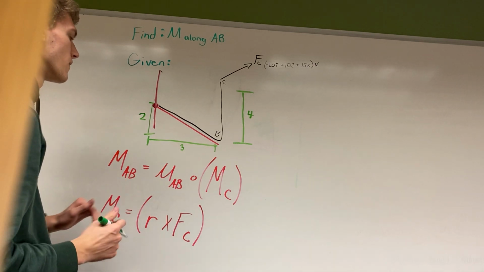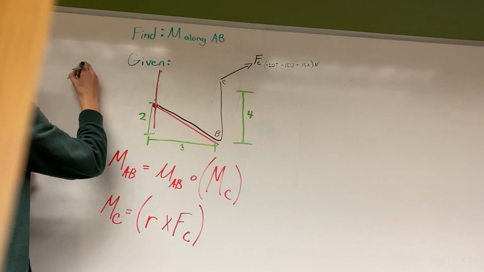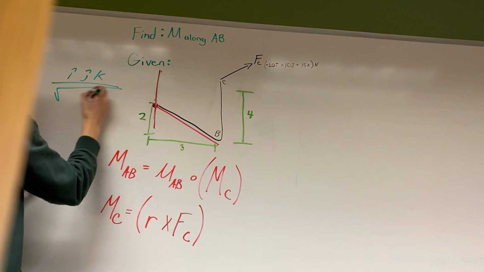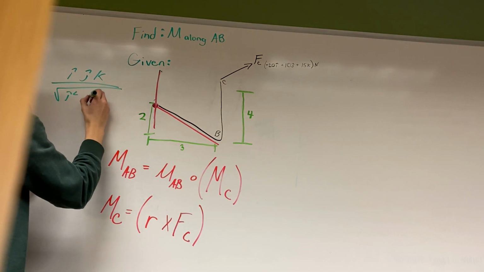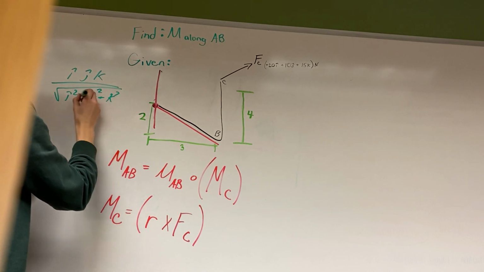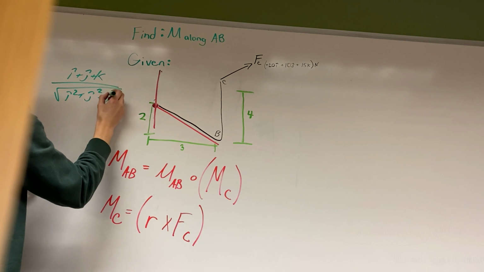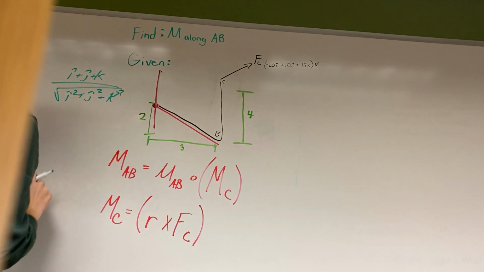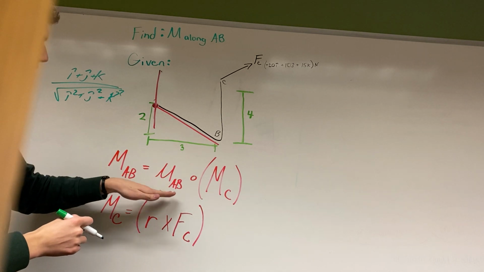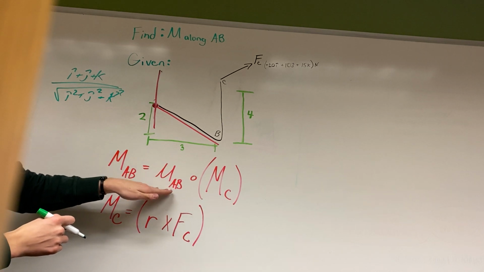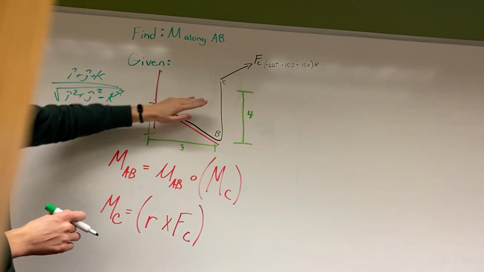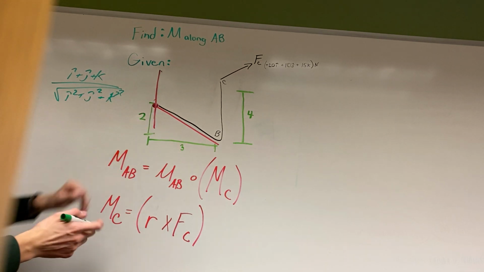Our U of AB, we know that that is I, J, K over the square root of I squared, J squared, and K squared. So in this case, our direction of AB, we don't have a K direction for just AB.